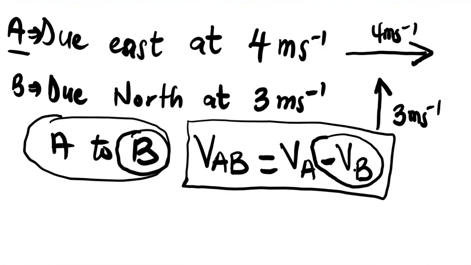A minus on the VB just tells you that when you take the B, reverse the direction of each arrow. If it is moving north, move it south. If it is moving west, move it east. If it is moving east, move it west. So we need to take care of the VB first because of this negative. Then we bring them together and see what they form.